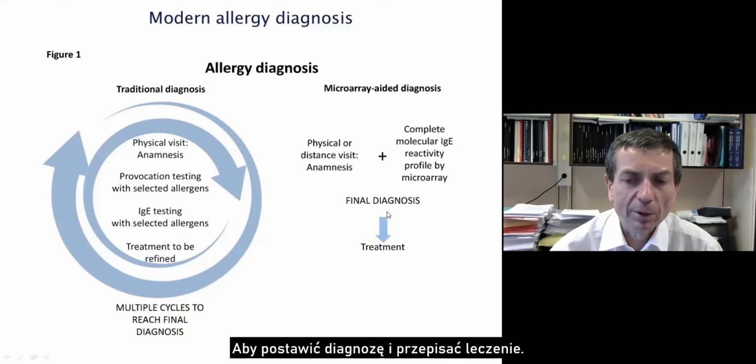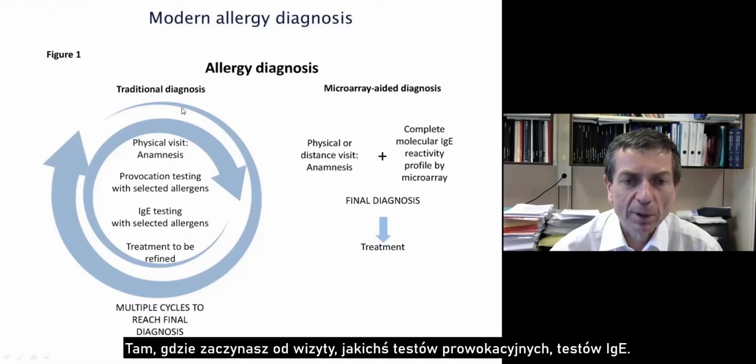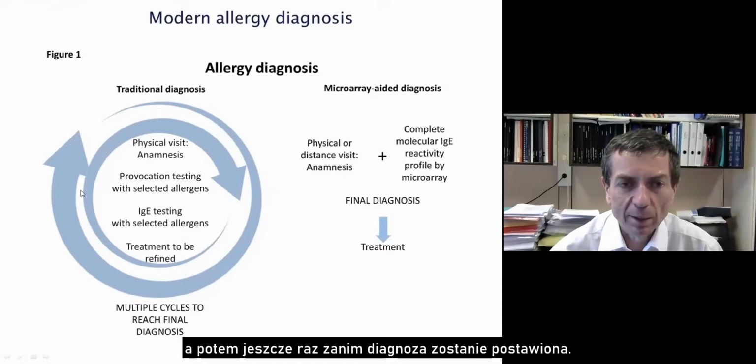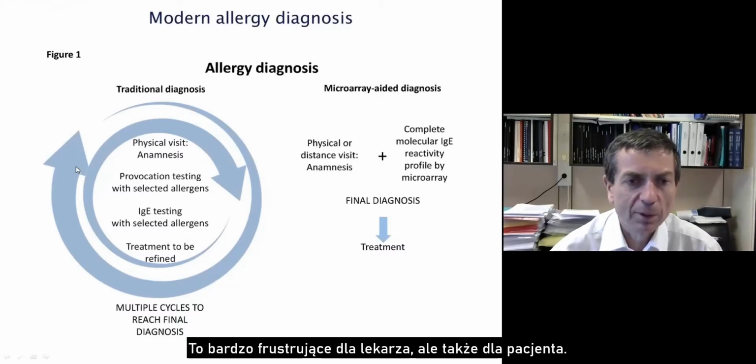You make your diagnosis and you make the recommendation for treatment. And this will change the old system of traditional diagnosis, where you have a visit, some provocation testing, some IgE testing, and then the patient needs to come again and again until you reach the final diagnosis. It's very frustrating for the doctor, but also for the patient.